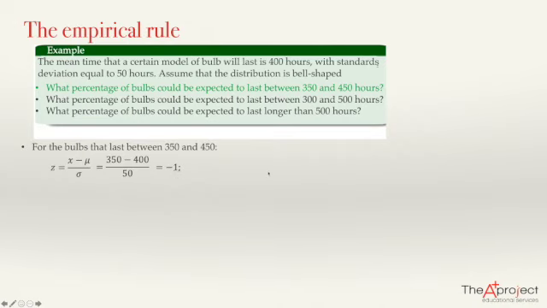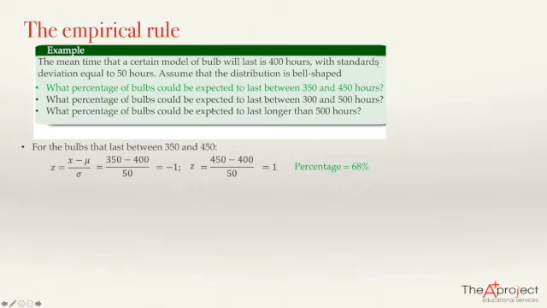The other number needs to be 1 to be sure that I can use the empirical rule. Z for 450 will be 450 minus 400 divided by 50, and this is equal to 1, exactly. Now we can answer immediately. If this falls between 350 and 450, it's equivalent to saying that the z-score is between -1 and 1. And that means that we have almost 68% of the data. So that will be the percentage between these two numbers.